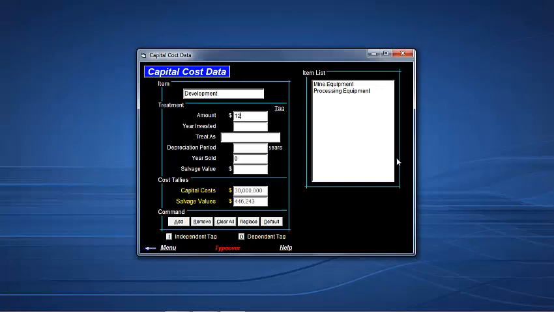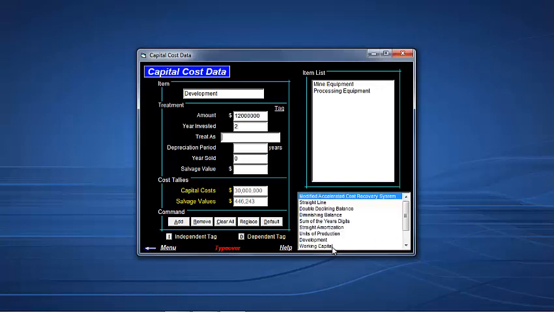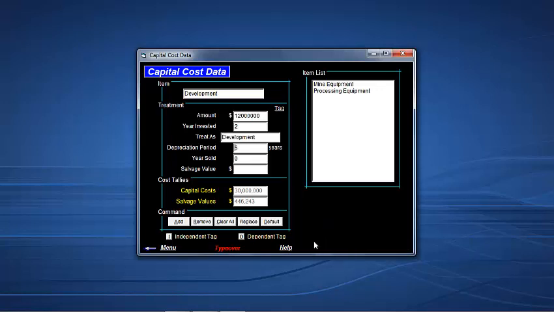We'll add some development costs in year 2. And development is treated in U.S. tax codes with the 70% expense and then 30% amortized over the next 60 months.